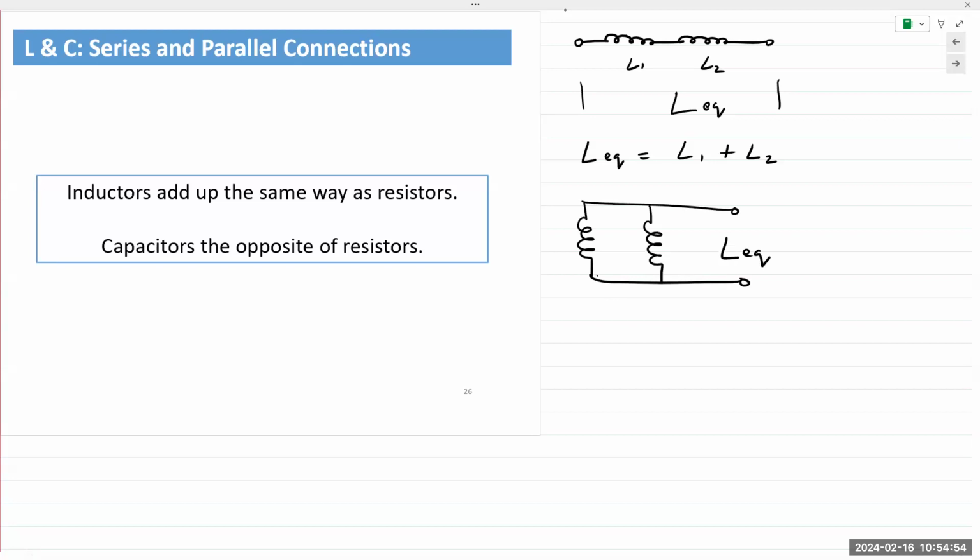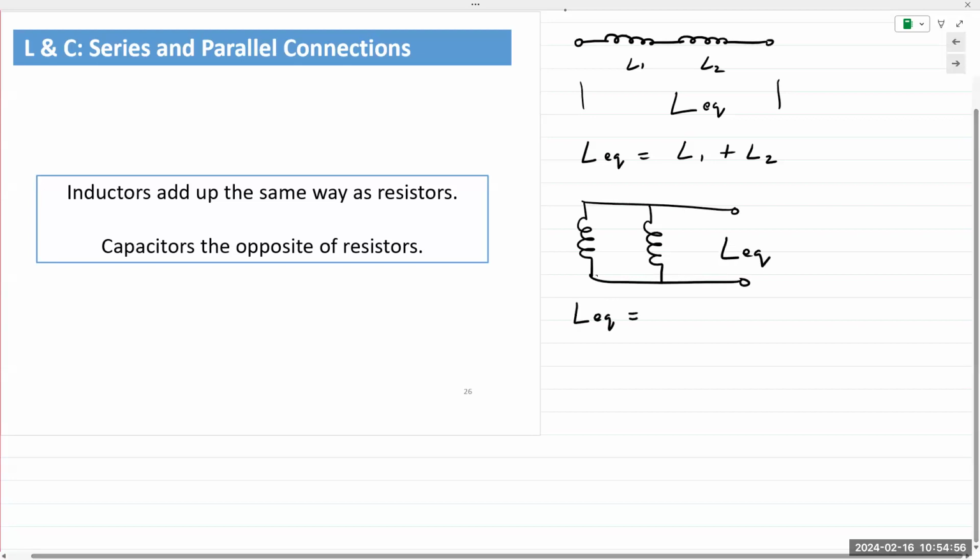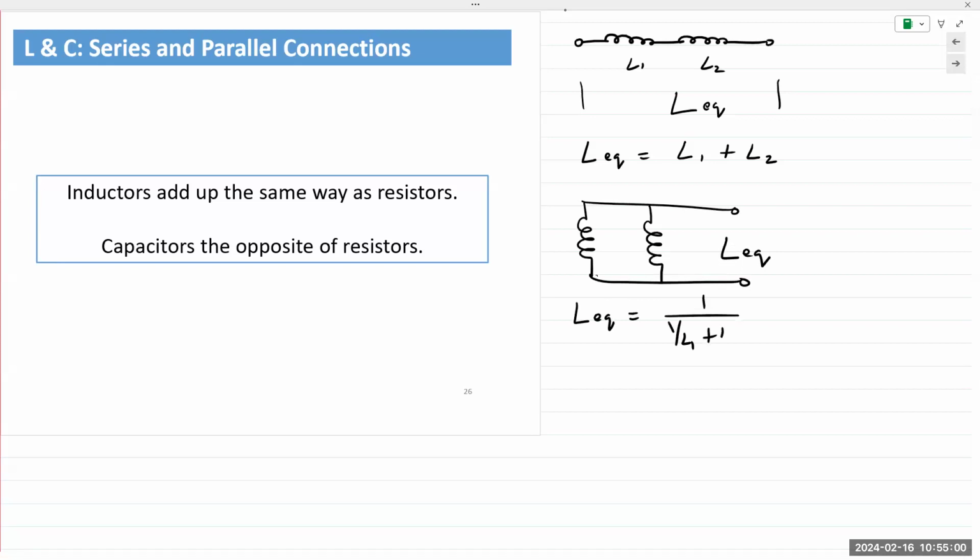For a parallel combination, again, it adds up the same way as resistors, so it's the reciprocal of the sum of the reciprocals: 1 over L1 plus 1 over L2.